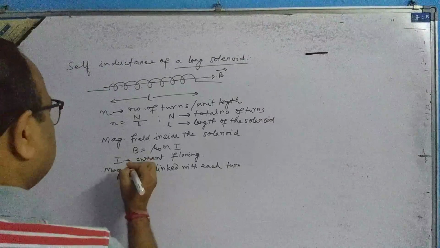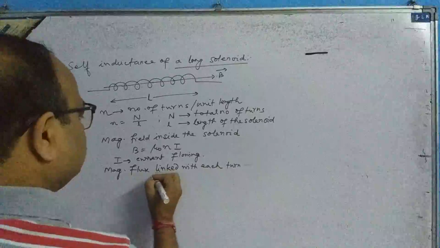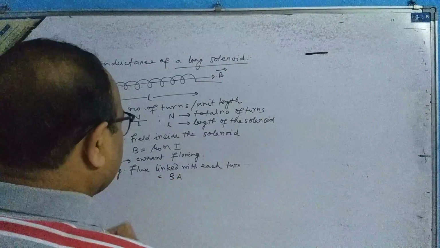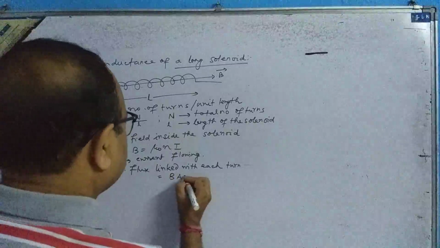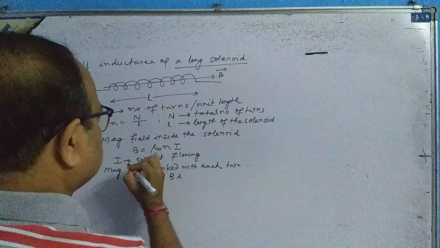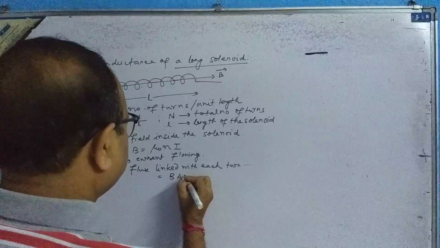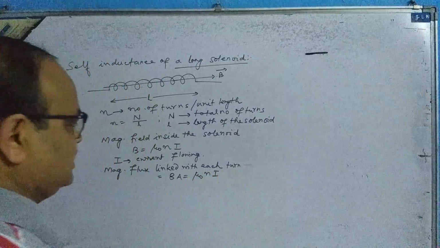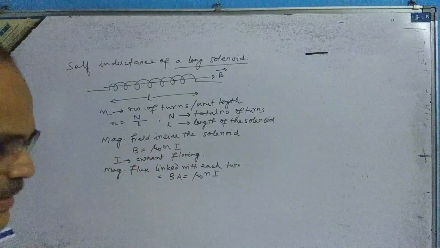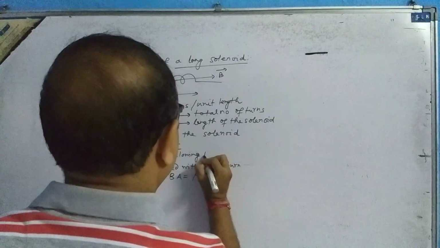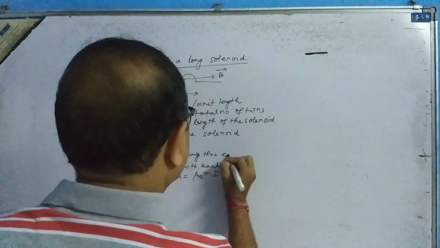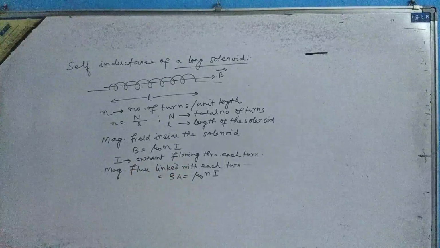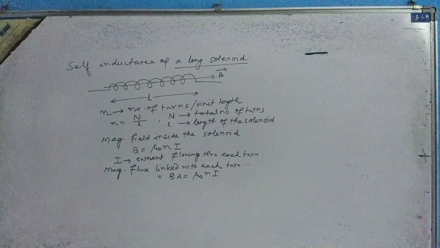That should be equal to B into A, for each turn. So it will be B into A, mu naught n into I, where I is the current flowing through each turn. So B into A, that is this value.